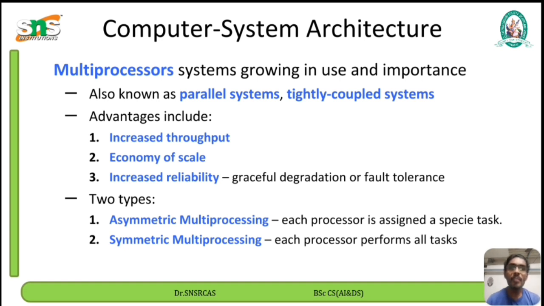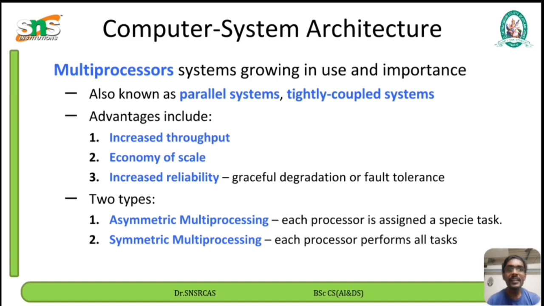When you are using multiple processors inside a system, you can achieve more than one task at the same time. And increased reliability. One of the most important things while introducing an operating system is reliability. It's a graceful degradation, or fault tolerance.